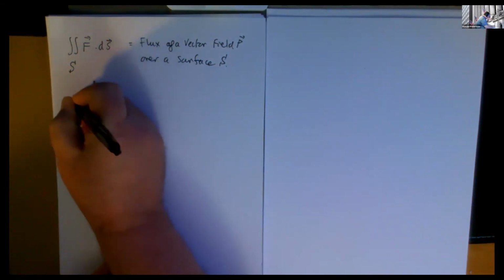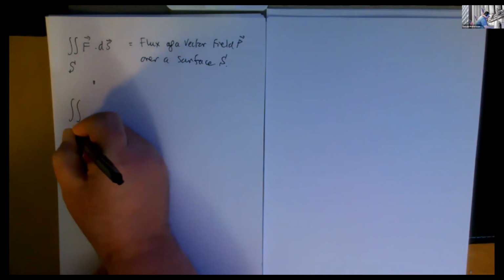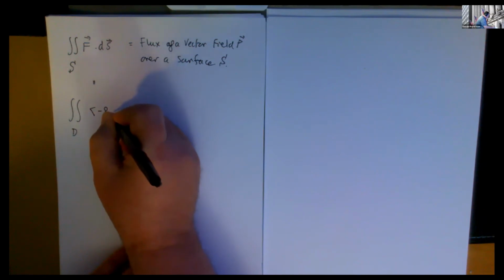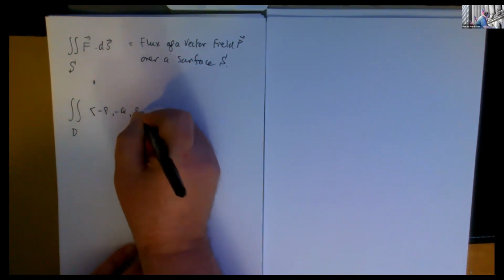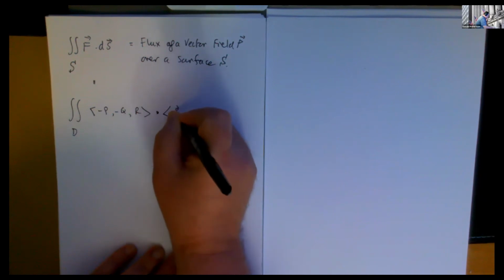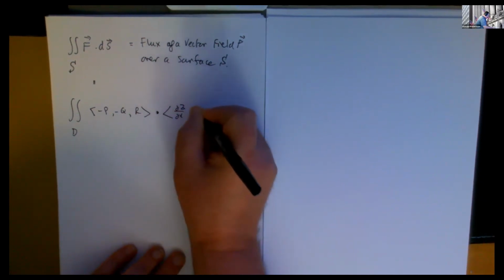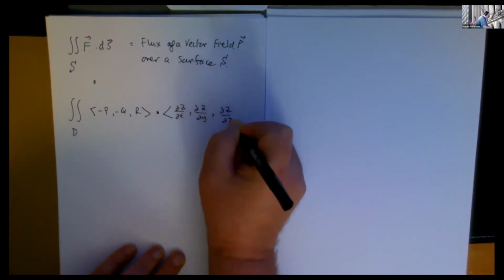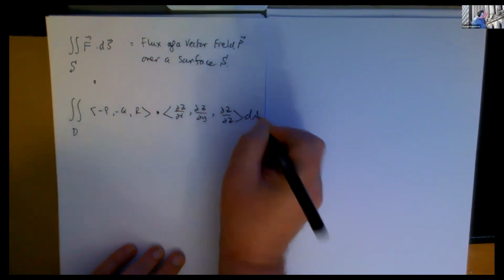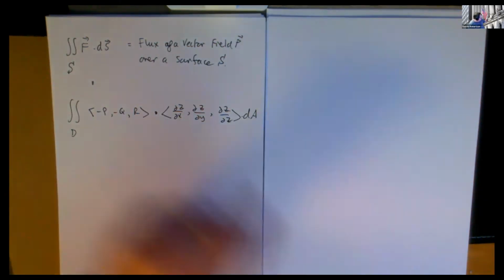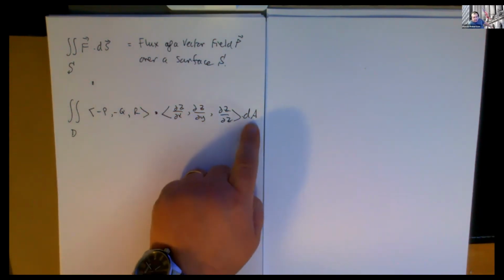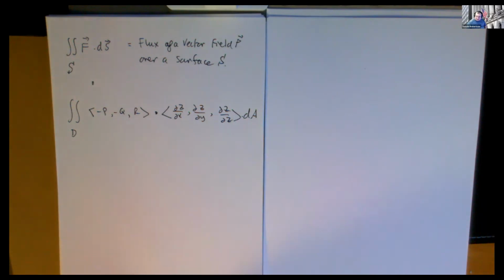It is equal to the double integral over D, which we are comfortable with, of a guy I'm going to call negative P, negative Q, R dot dz by dx, dz by dy, comma, dz by dz, dA. So essentially, this thing turns into a dot product with the dA representing either dx dy or polar.